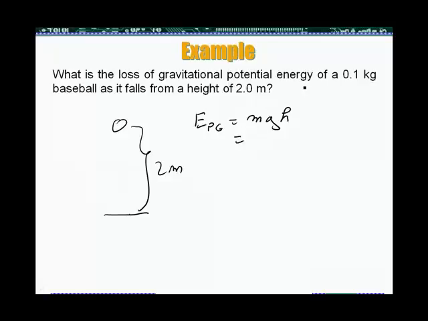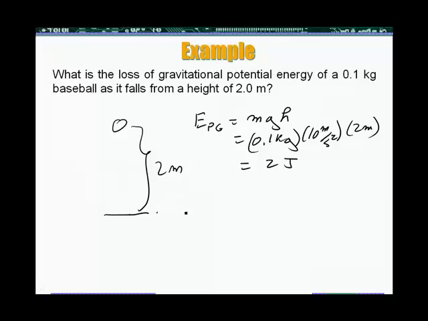So it's 0.1 kilograms times 10 meters per second squared times 2 meters. So 0.1 times 10 gives us 1, times 2, that gives us 2 joules.